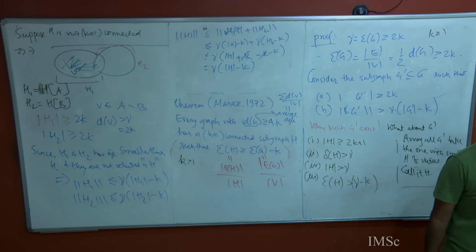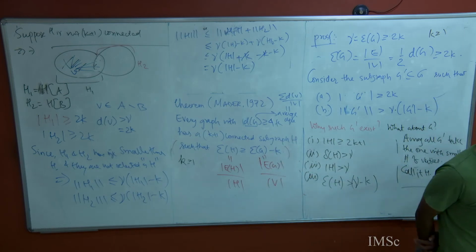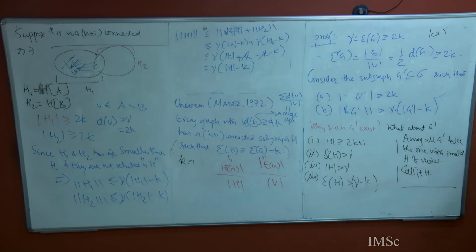Input is a graph G which satisfies this true property. A graph G with average degree at least 4k. That's your input. That's it. If this graph is not k plus 1 connected, then you have to find the induced subgraph H of largest size that satisfies all these properties, right?